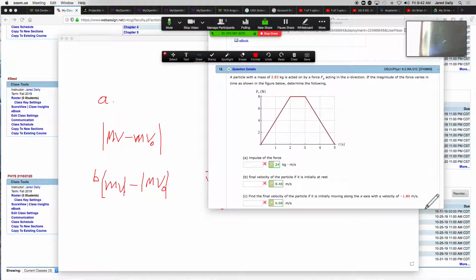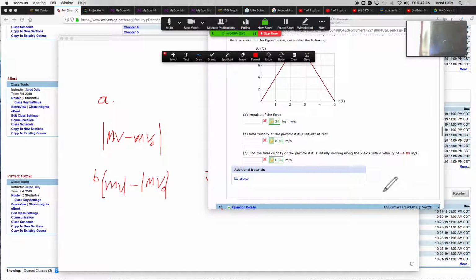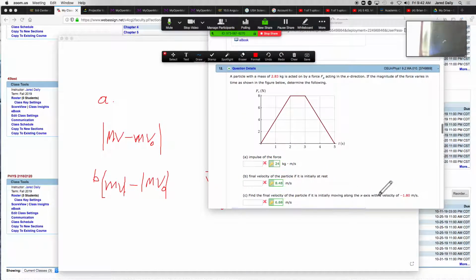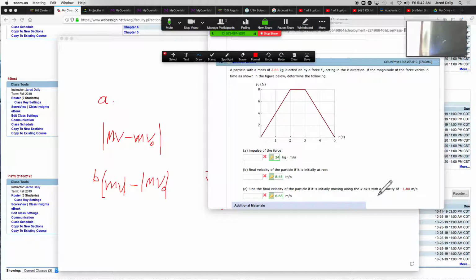All right. So in number 12 here, we're going to calculate three things from this graph. They tell us the mass of the object, and they tell us that it's acted on by a force in the x direction that is shown in this graph. So of course the area under the curve is going to be what?